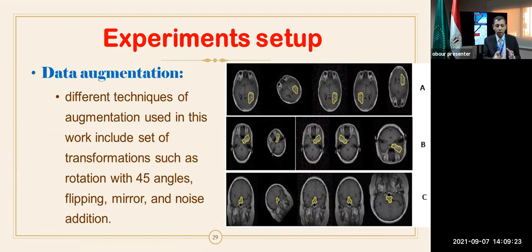To increase this data, we use the data augmentation approach, which increases data using some modification of the original image, maybe rotation in angle, flipping, mirroring, and adding some noise. All of this results in a big number of features that may increase our original features.